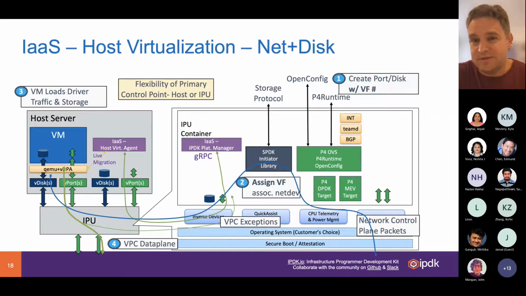It'd be the same if it was scalable IOV or whatnot, but in order to match up the hardware device with the emulated device in the VM, there needs to be some sort of matchmaker in there. The reason why I brought this up, it's a little bit orthogonal to what we do in Kubernetes, but the mechanism is the same.